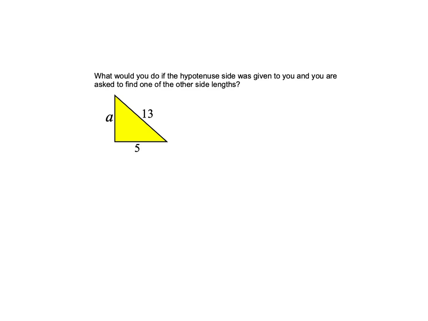What would you do if the hypotenuse side was given to you and you were asked to find one of the other side lengths? So if we were to draw on the hypotenuse, we can see that it's right here and that it's 13. We have A, we don't know what A is, and we have B, which is 5. Our regular formula would be C squared equals A squared plus B squared.